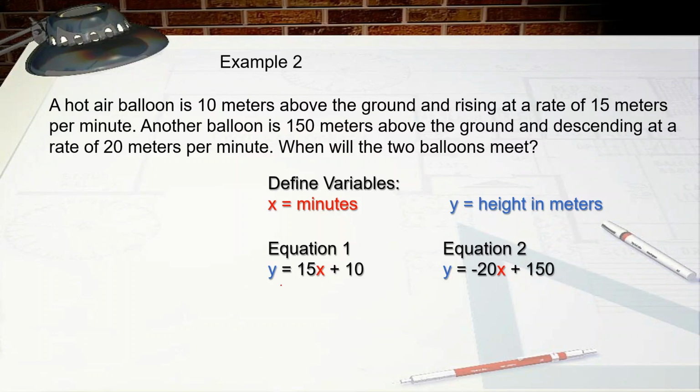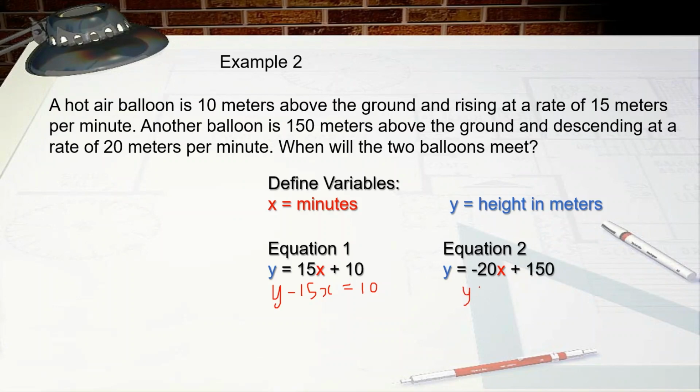I'm just going to make these two equations rearranged by making the variables come in one side and the whole number remaining on the other side. So y is already there on one side. I'm just going to put 15x to the other side. So minus 15x is equal to 10. Over here, I'm going to take minus 20x to the other side.